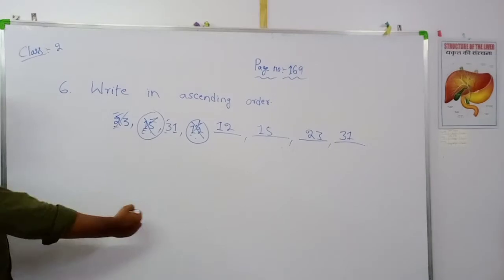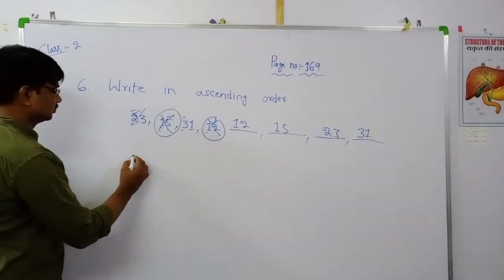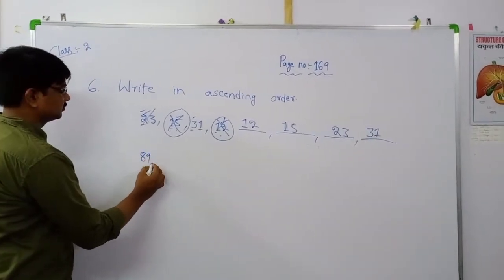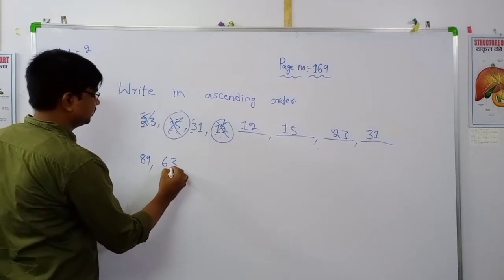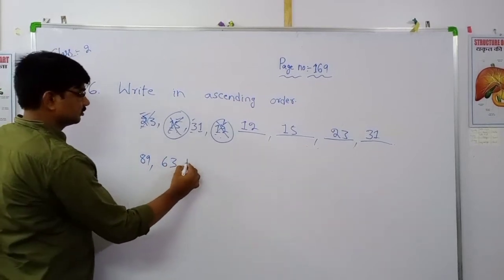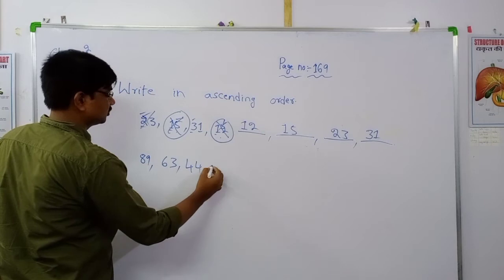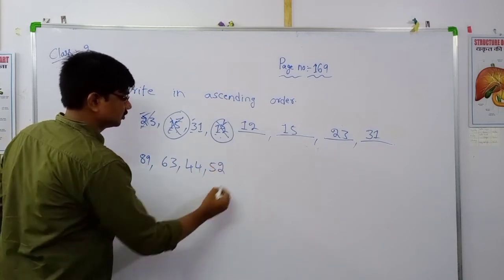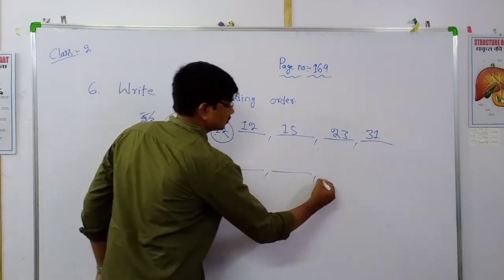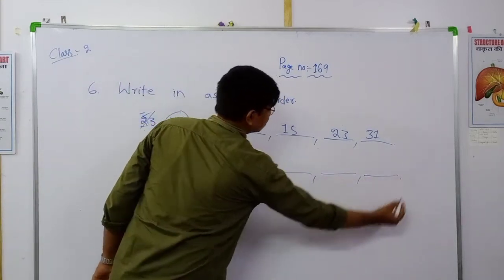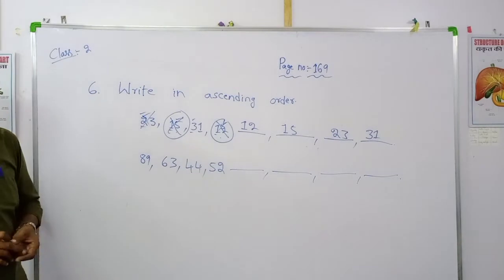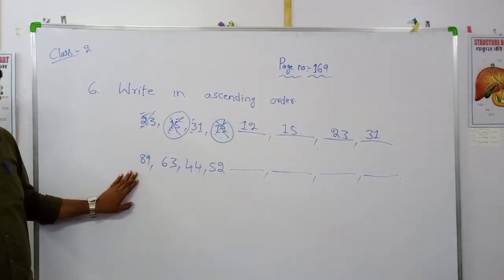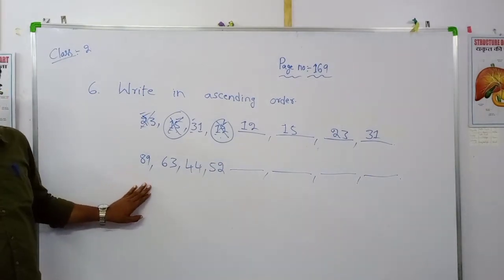Next, let us have one more example. 89, 63, 44, 52. Here also 4 numbers are given.